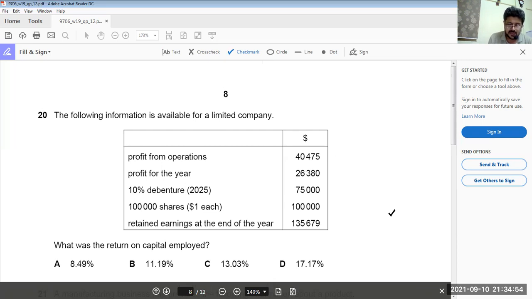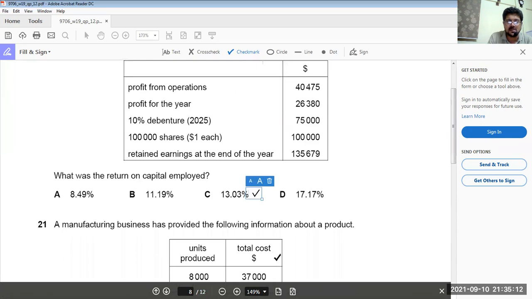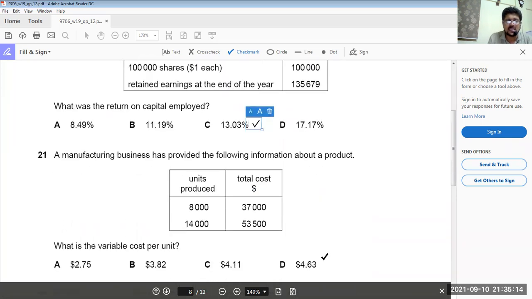40,475 divided by total capital employed, and we get the answer 13.03%. Actually, it's 13.0279, so that means 13.03%. A manufacturing business provides the following information about the product, and they want to know the variable cost per unit.